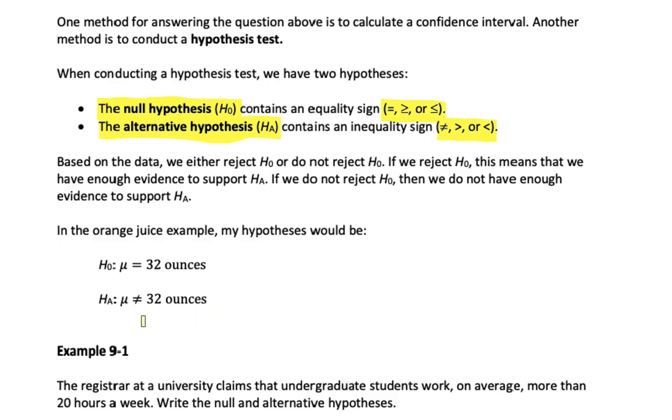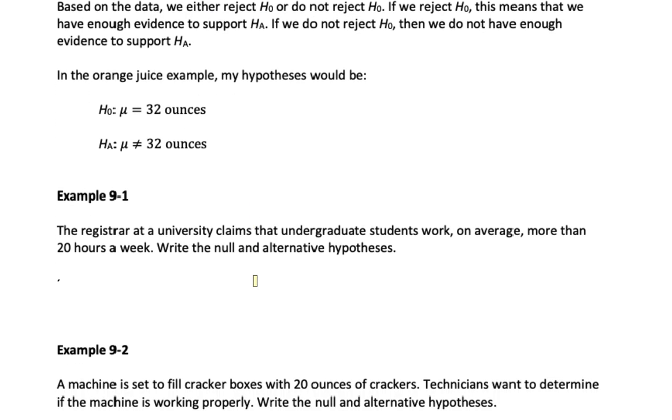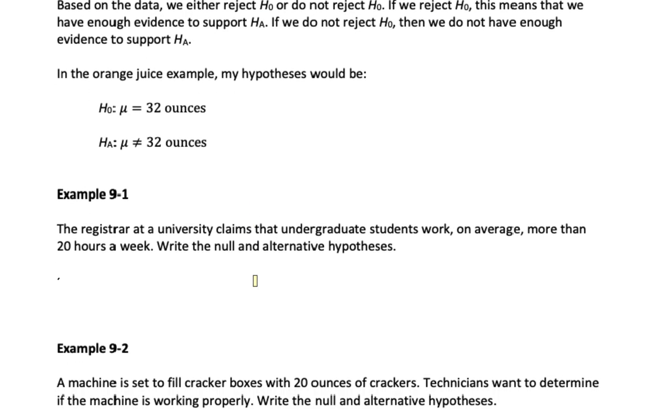So if my alternative hypothesis is that they're not equal, my null hypothesis is that they're equal. And I always find it easiest to start with the alternative hypothesis when I'm writing these, and then I write the null hypothesis second. So even though we normally see them listed with the null hypothesis first, it's actually easier to start with writing the alternative hypothesis.